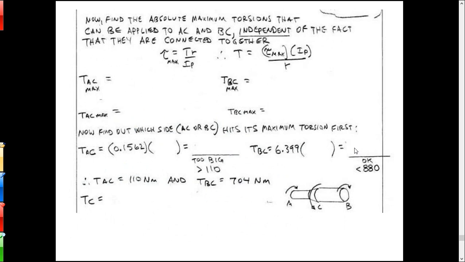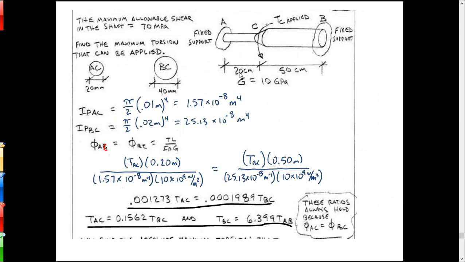Now the next thing I got to do is account for this shear, okay? I know what I can take this shear up to. I can take it up to 70 megapascals. That's as high as the shear can go.